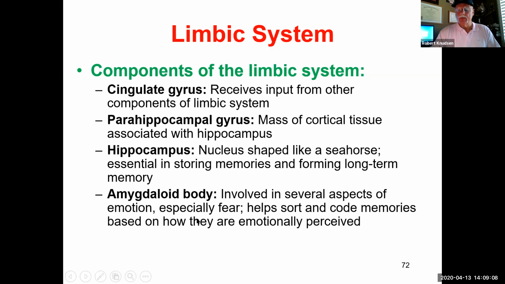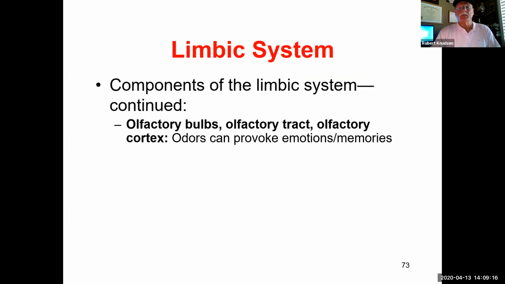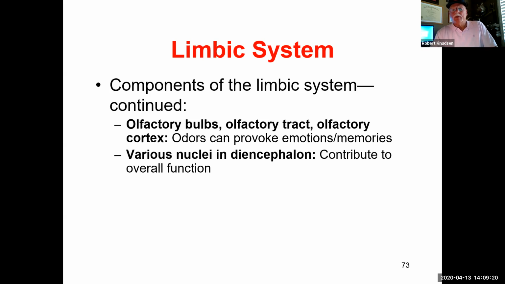Fear and emotion, amygdaloid, also anger. Okay, you throw in the olfactory system, which is smell, and that is just, I listed five of them. Those are your limbic system. You can also throw in other ones, the ones for hunger and for thirst. Those are all part of the limbic system. Good.